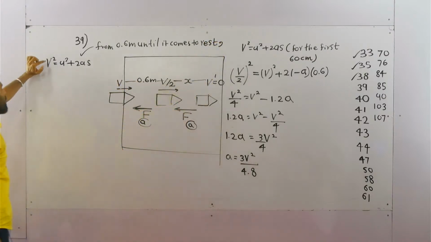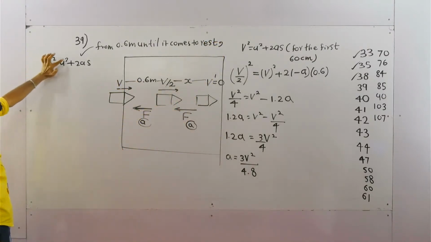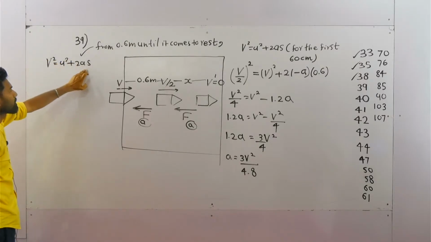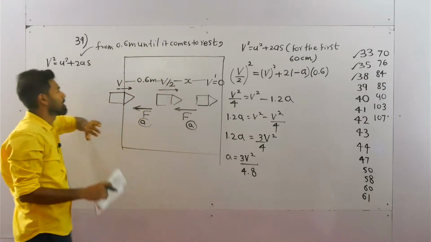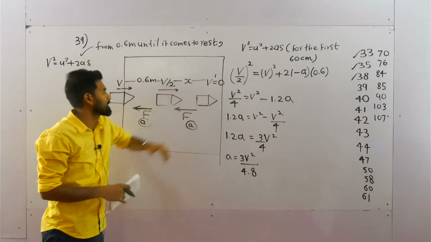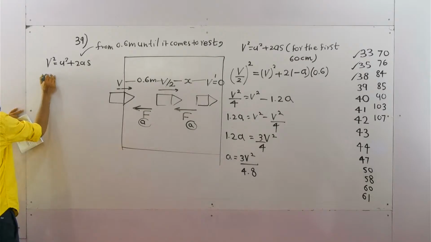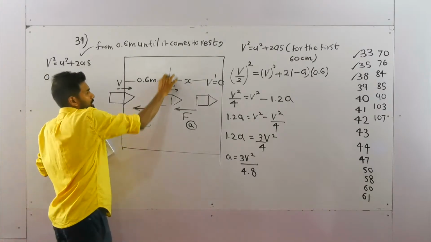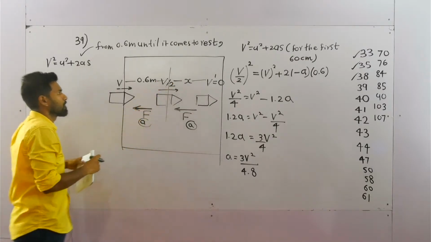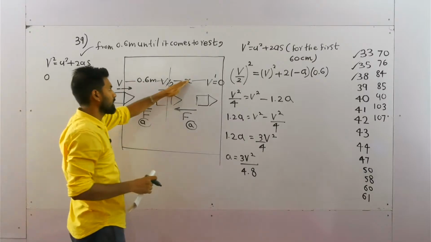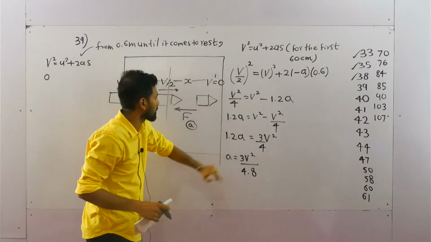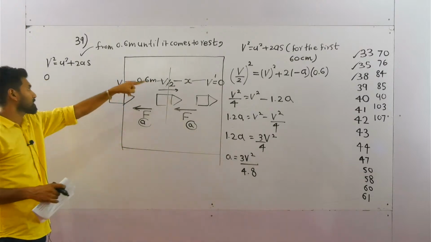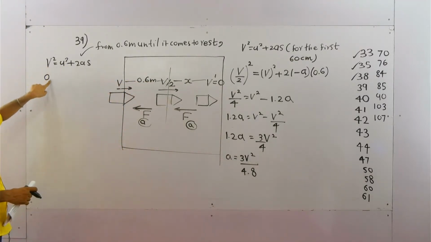When it comes to rest, its final velocity will be 0. At this stage, its velocity will be v over 2. From v over 2 until it comes to rest, what is the further distance that it moves under this deceleration? That's what they ask. At the end, the final velocity is 0.